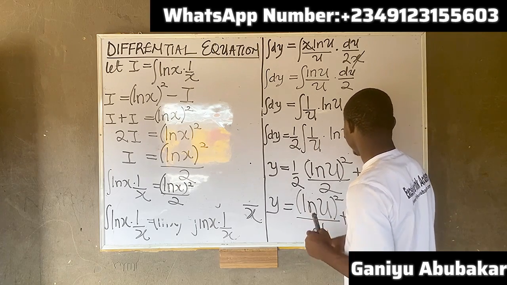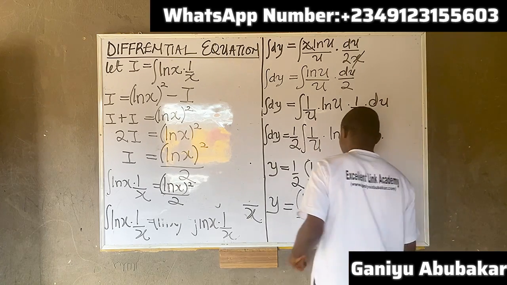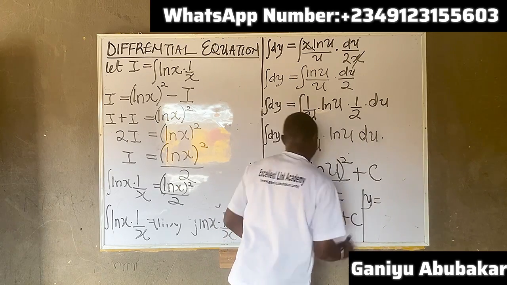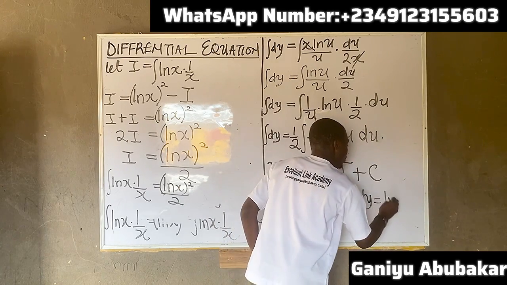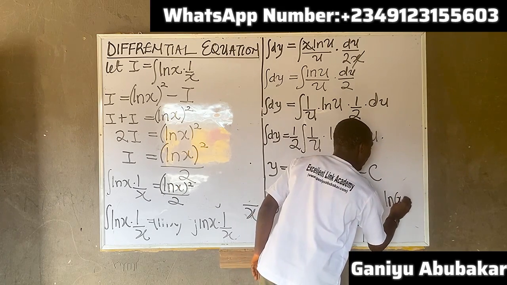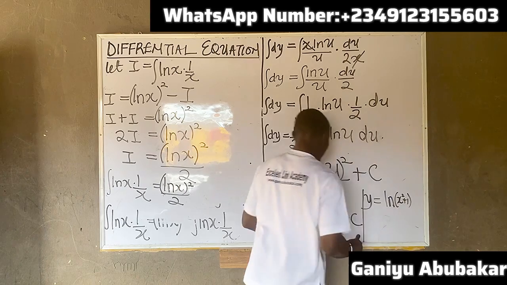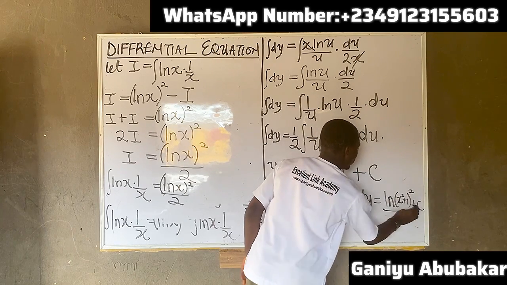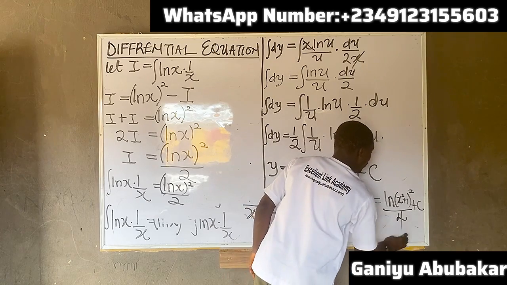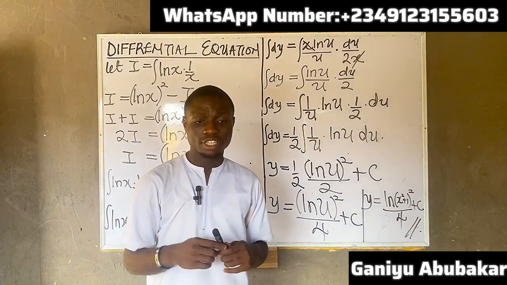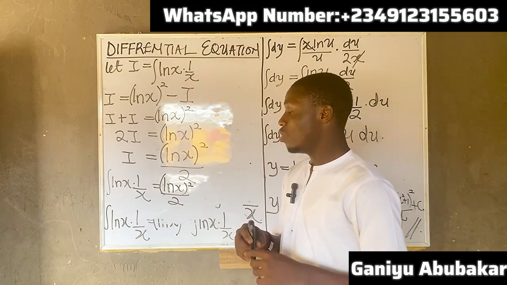So let's put in the u value here. My answer becomes y is equal to ln of x squared plus 1, then the square comes here, plus c, all over 4. This is the answer to that direct integration you have seen on the board.